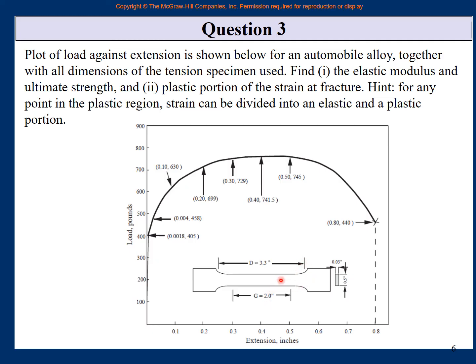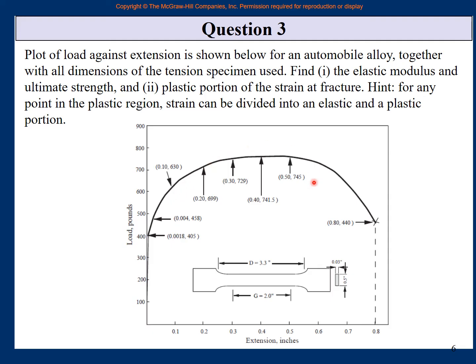The cross-sectional area of this is here, right? This is the front view, but on the thickness side the thickness is 0.03 and the width is 0.5. So the cross-sectional area that you will need to find the stress is 0.03 multiplied by 0.5 inch. This is the original area, A naught, and 2 inch is the original length, L naught.